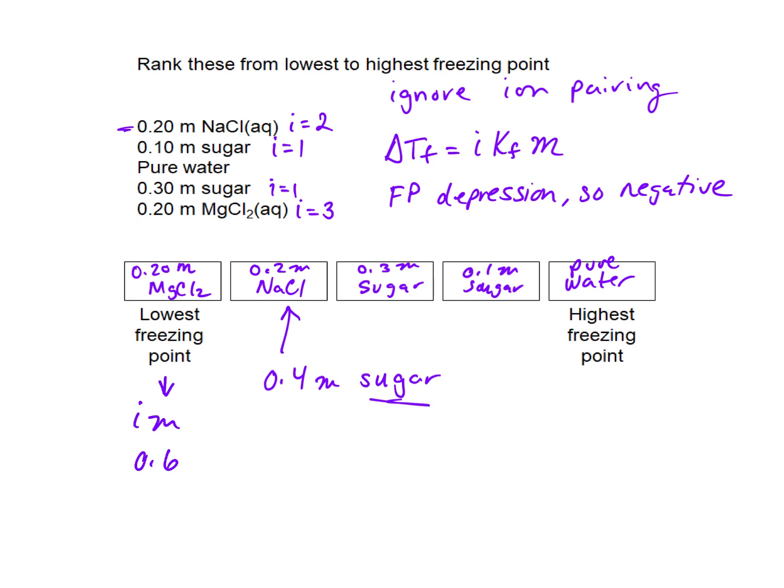If we include ion pairing, I would say that the answer for i times the molal concentration is less than 0.6.